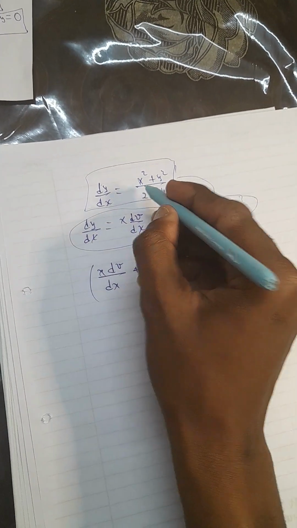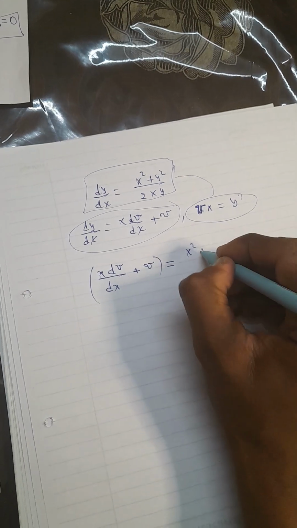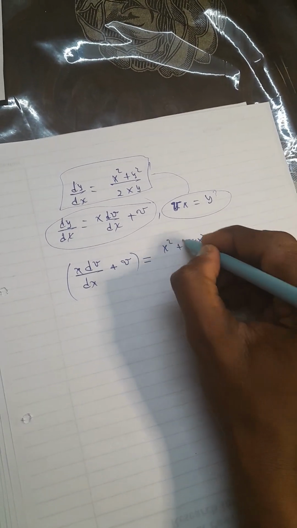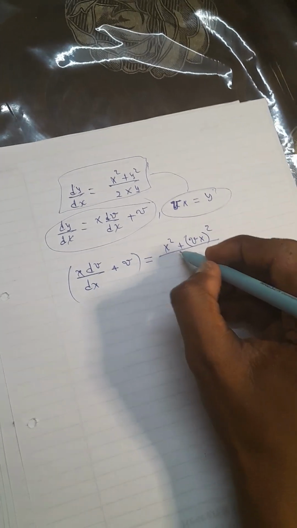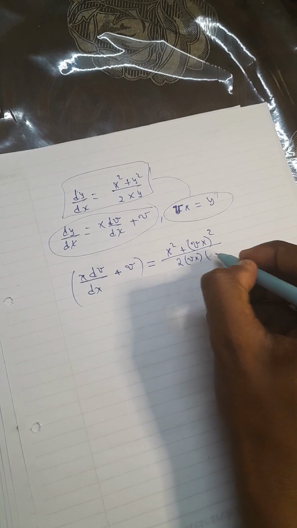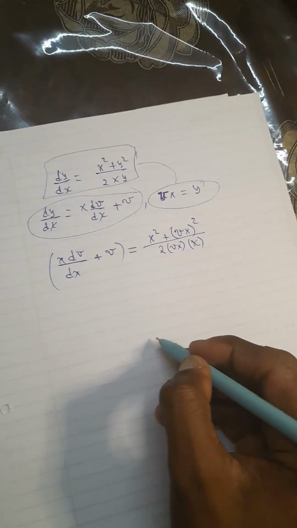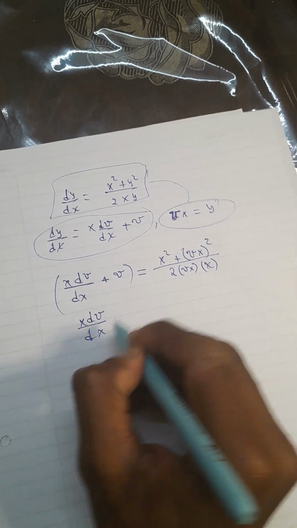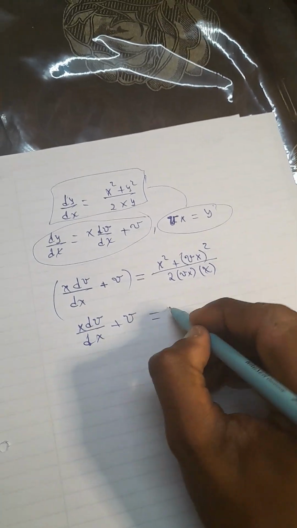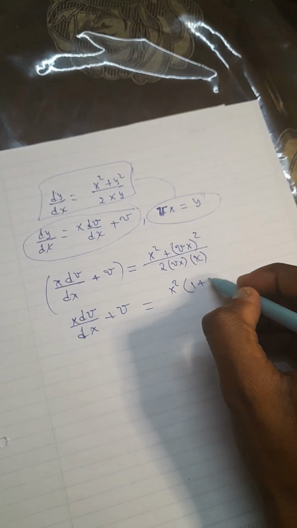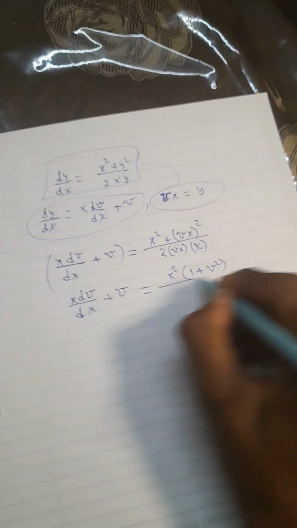Where you find x, it will remain x squared, but where you find y, you change it to vx, squared, and here you will get 2vx, and here you will get x. Now this will be x dv/dx plus v, and here x squared is common, with 1 plus v squared.